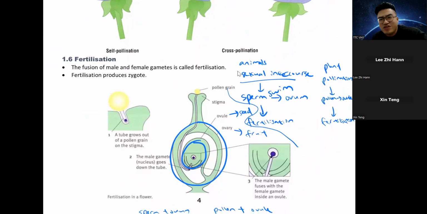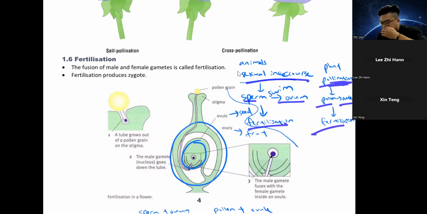So you see, this is the beauty of biology. We are animals. These are plants. You would think we are very different. Yeah, very different, but somehow in reproduction, we are very similar. Okay, so again, animals have sex, sperm go find ovum, fertilization. Plant, they have pollination, bees help them do it, hummingbird helps them do it, wind helps them do it, pollen will go find ovule, then fertilization.